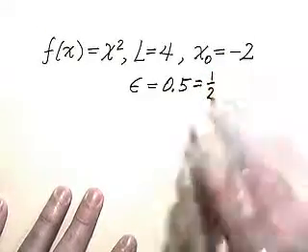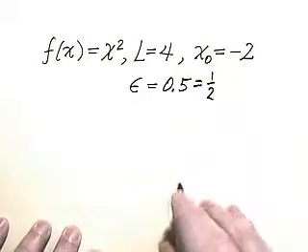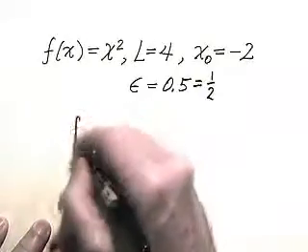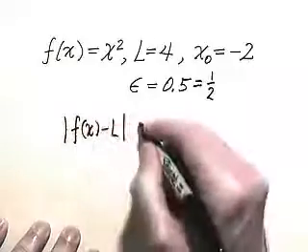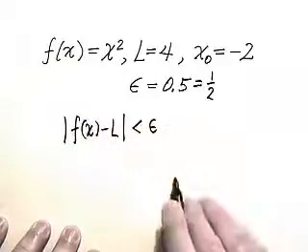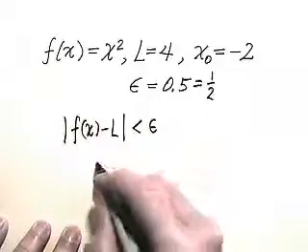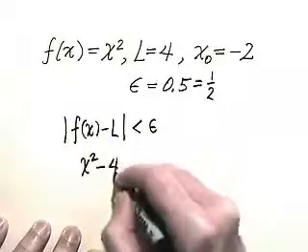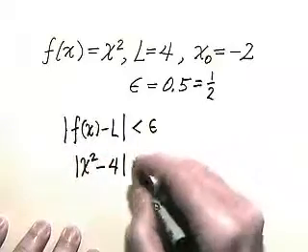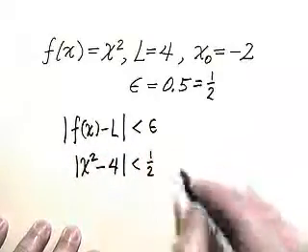Well, that inequality in this case becomes absolute value of x squared minus 4 less than 1/2. And so that's the same thing as saying -1/2 less than x squared minus 4 less than 1/2.